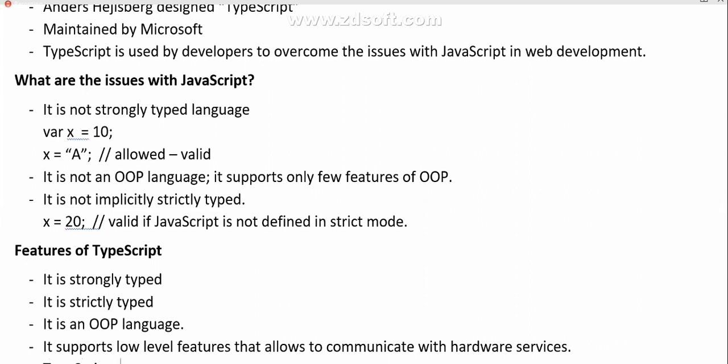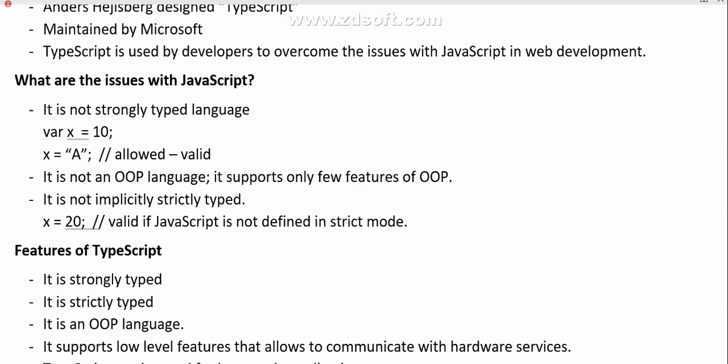TypeScript can be used even for large scale applications, that means applications that can interact with machines, that means hardware devices. So TypeScript can be used at a very large scale also. It's not a small language. It can be used for building large scale applications. So these are all the features of TypeScript.